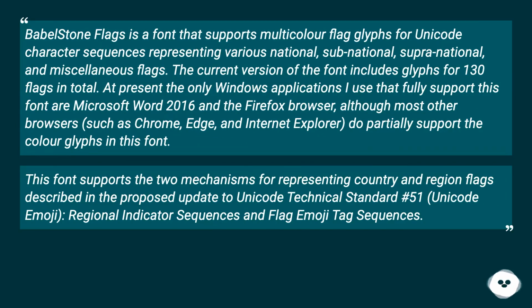At present the only Windows applications I use that fully support this font are Microsoft Word 2016 and the Firefox browser, although most other browsers, such as Chrome, Edge, and Internet Explorer, do partially support the color glyphs in this font. This font supports the two mechanisms for representing country and region flags described in the proposed update to Unicode Technical Standard No. 51, Unicode Emoji, Regional Indicator Sequences and Flag Emoji Tag Sequences.